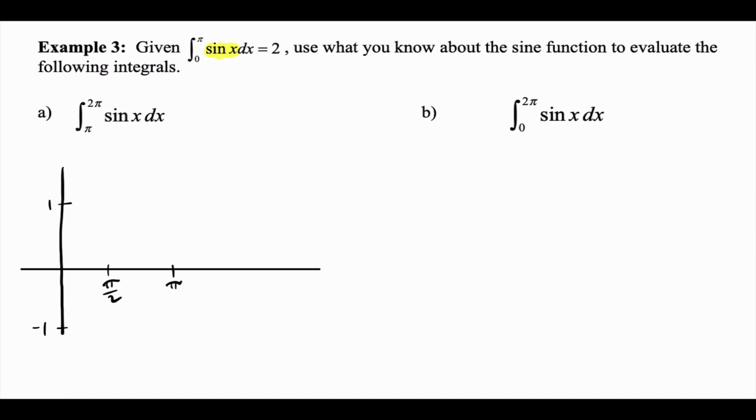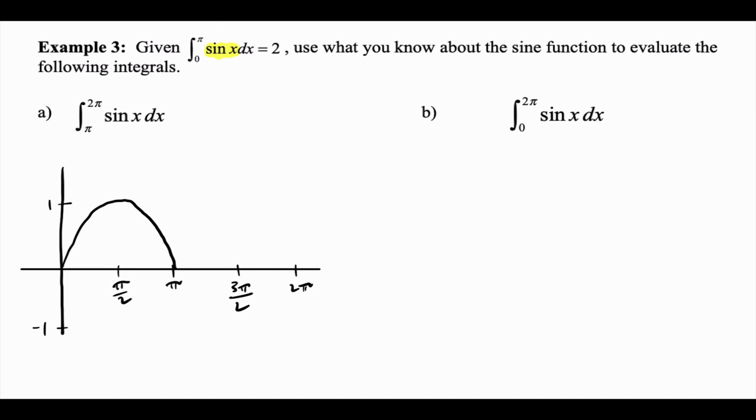Pi over 2, pi, 3 pi over 2, 2 pi. So regular sine of x. So I'm going to draw the given part. So sine of x is going to look like that. All right.